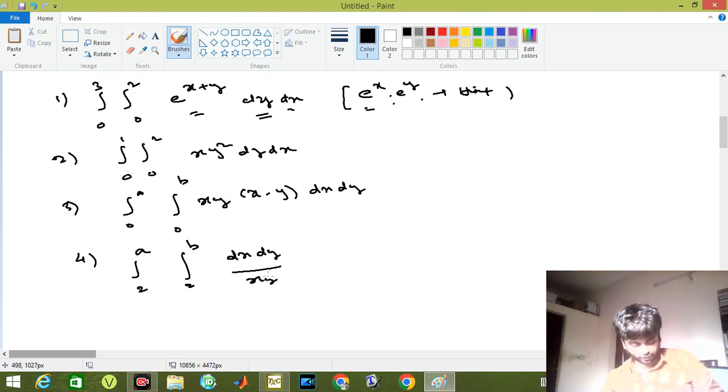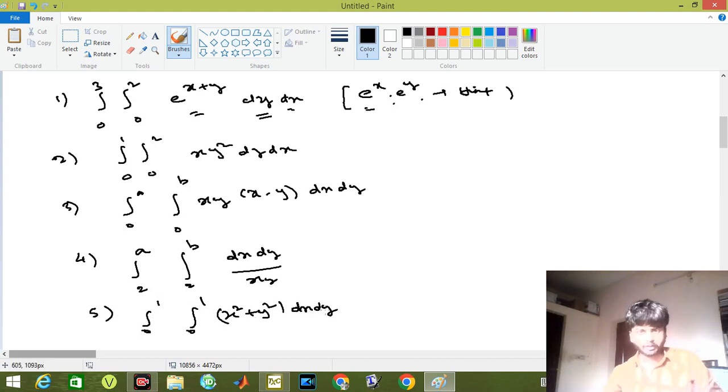And the fifth problem is the integral 0 to 1, integral 0 to 1 of x square plus y square, dx dy. So dear students, work out all these 6 problems.